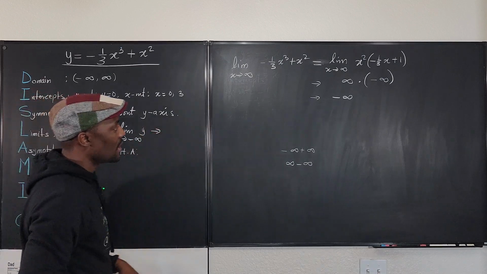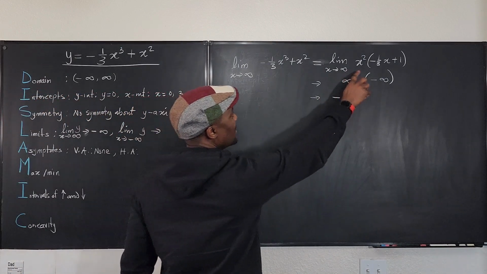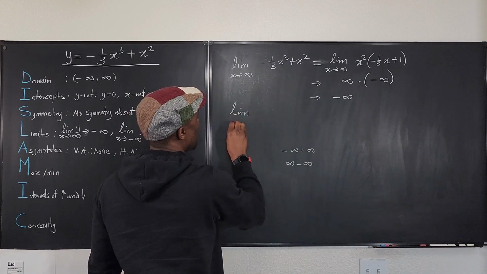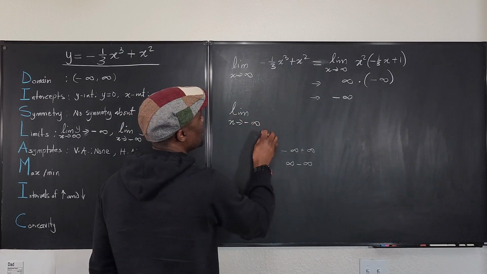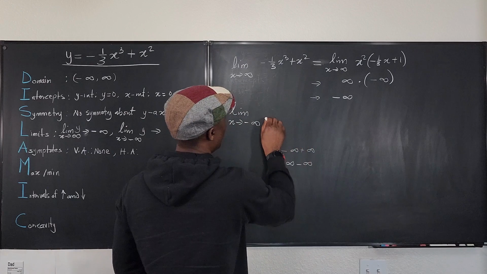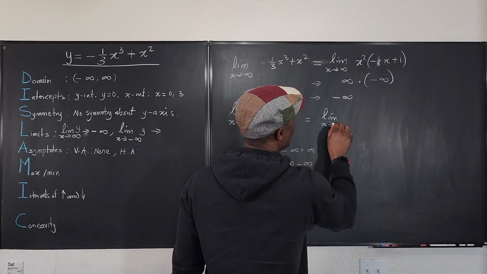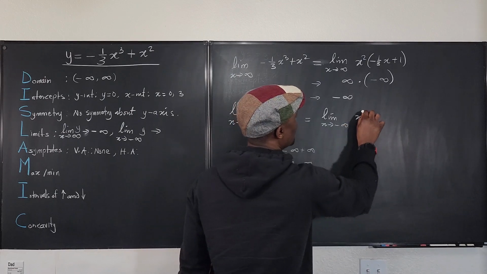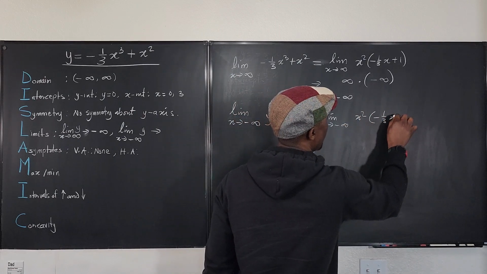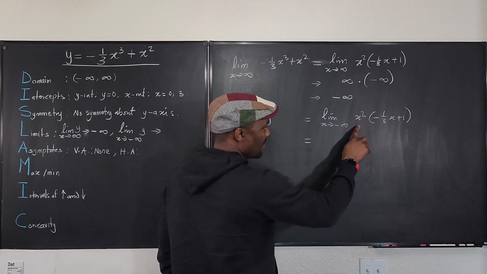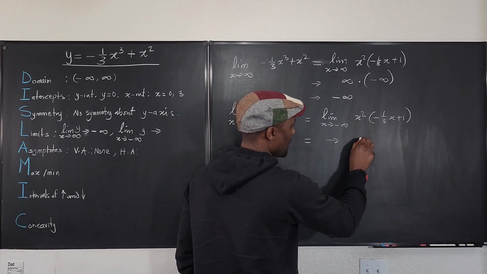Where does it go? Let's do the same thing. So we have this expression. We're going to say the limit as x goes to negative infinity of this expression of y will be equal to the limit as x goes to negative infinity of x squared times negative 1 over 3x plus 1. Negative infinity squared is going to go to infinity.